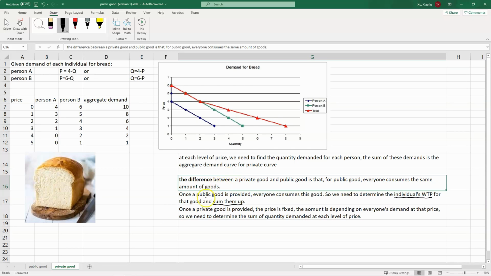However, for private good, once a private good is provided, the price is fixed. Because in a private good market, the market is totally competitive. Each consumer is a price taker. They cannot decide the price.